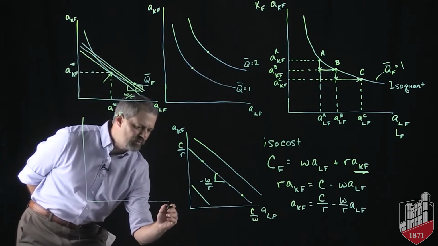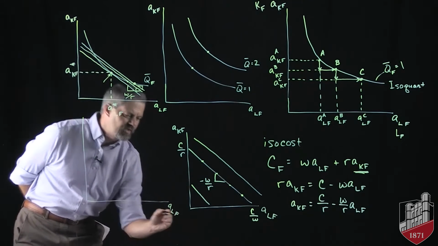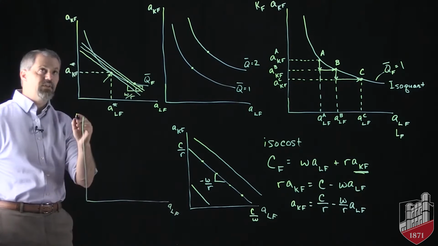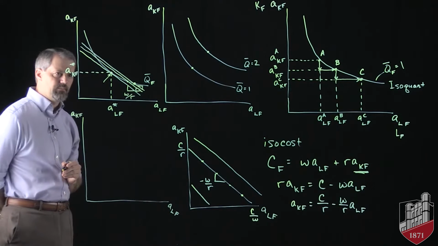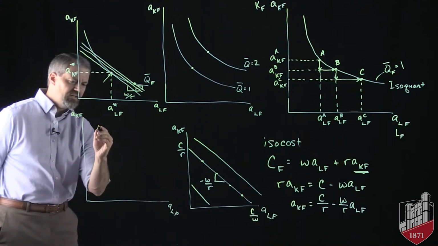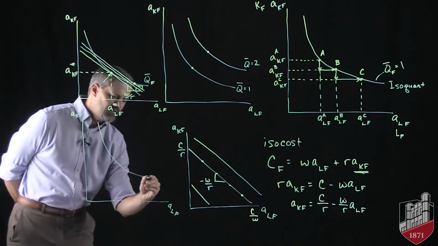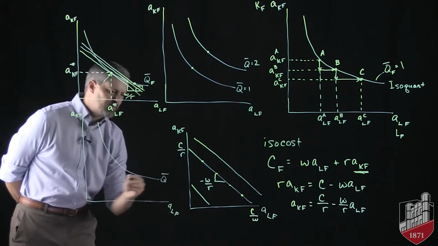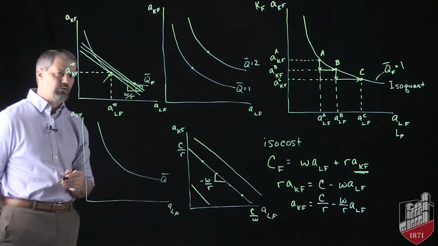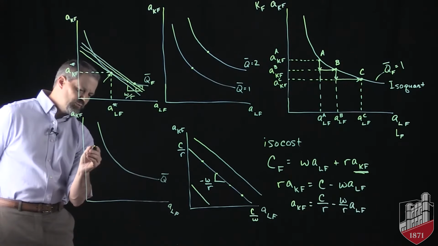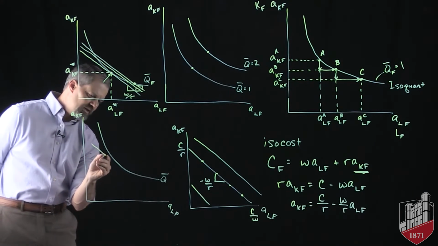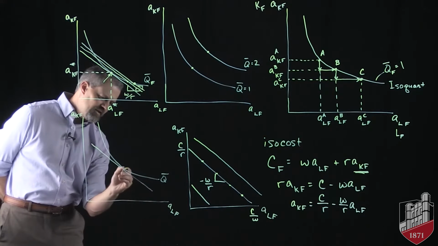So let's again put labor used in food production down here. Let's put capital used in food production over here. Let's put an isoquant on here, Q bar. So we want to produce that particular level of output. Let's suppose we start at an optimal combination given by this point.